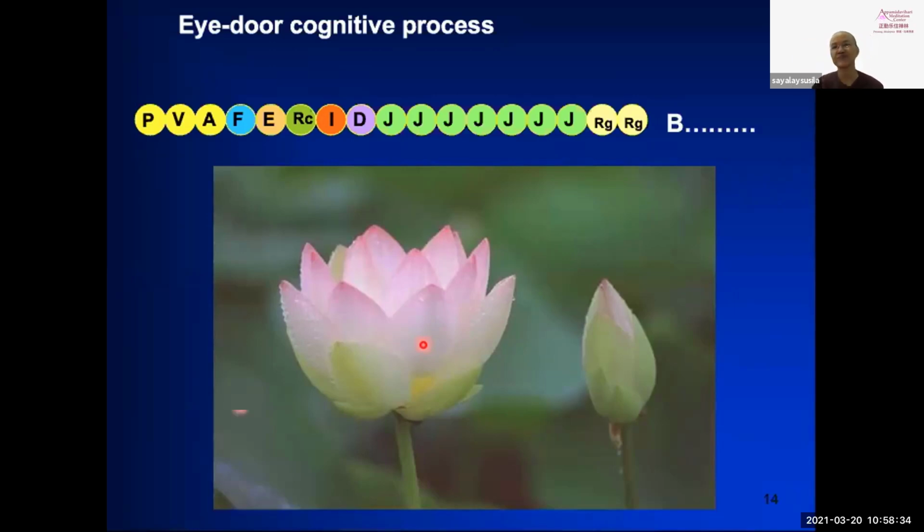Okay. So I want to tell you, from the past bhavanga up to determining consciousness are not important. You don't have to remember what is receiving, investigating, determining, not important because there's no karma involved.